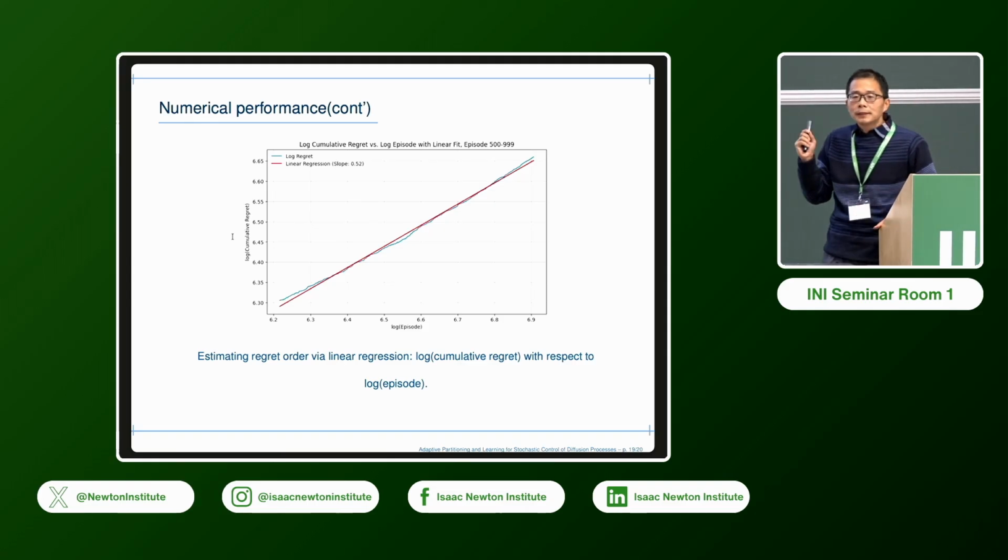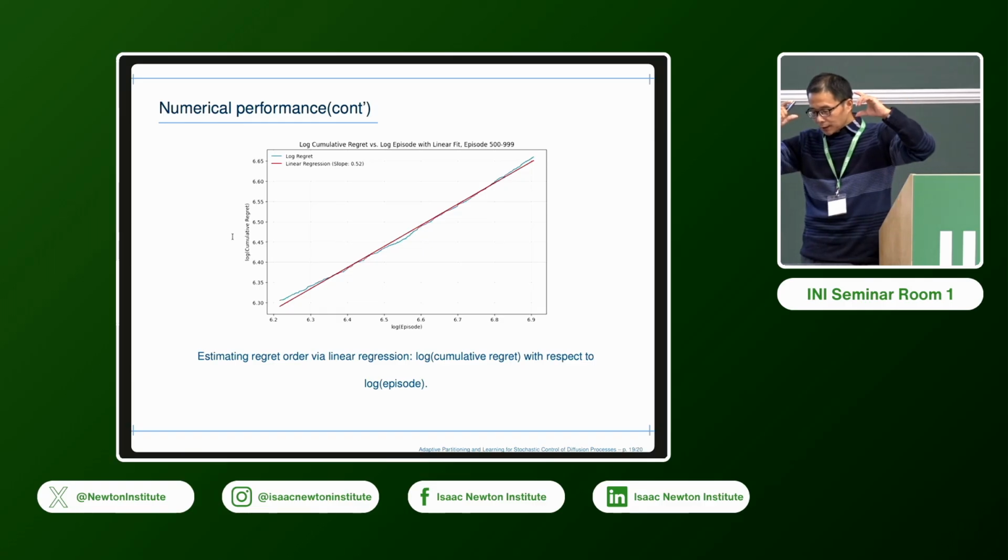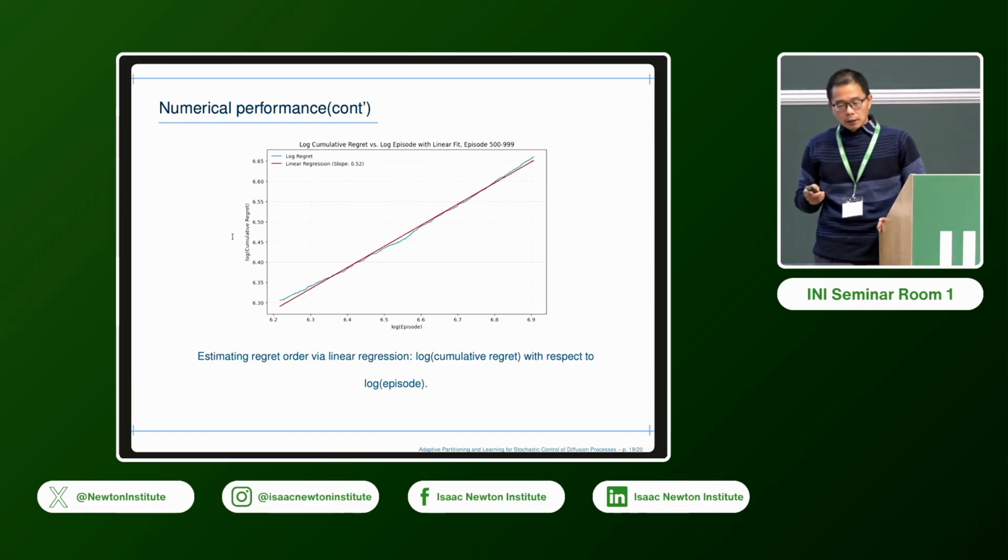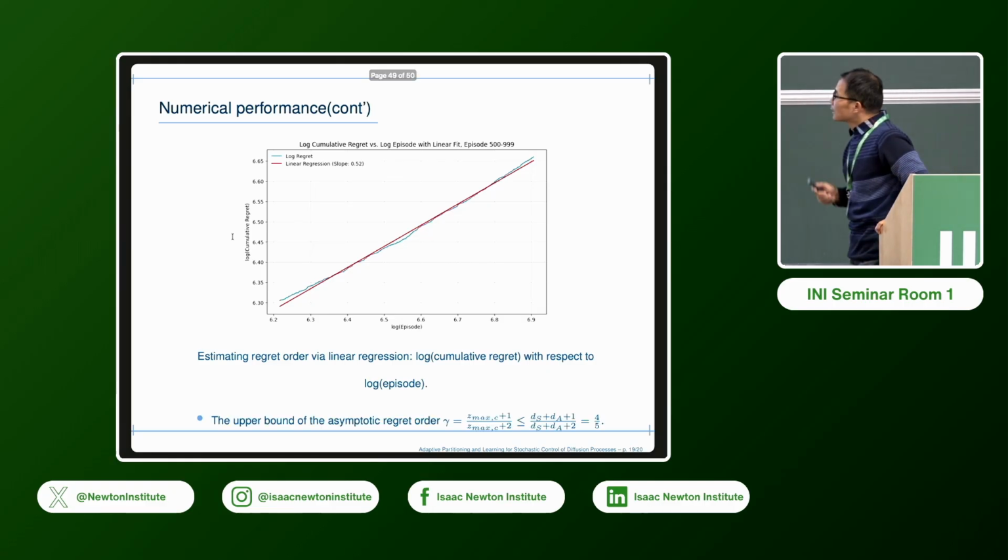So this should be the order of regret with respect to k, right? And this is better than what we have expected.